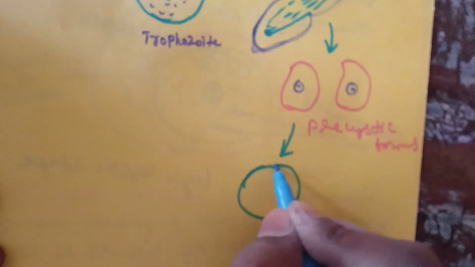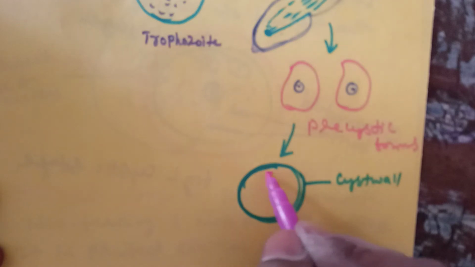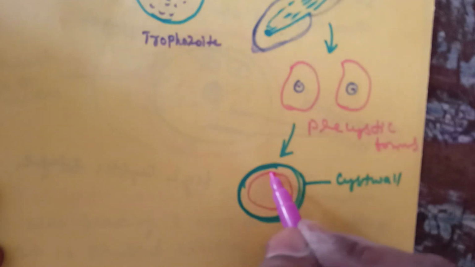This is called the cyst wall. Inside, delicate thin tissue is present, and the nucleus is there. Here a cartwheel type of nucleus is present.